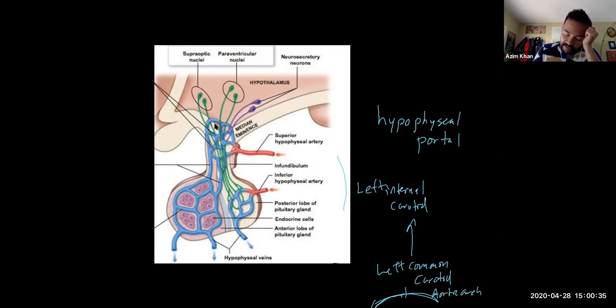From the left internal carotid, there will be more branches, and those branches eventually lead to this superior hypophyseal artery. And that's leading to, you can see this is the base of the brain, this is the hypothalamus.